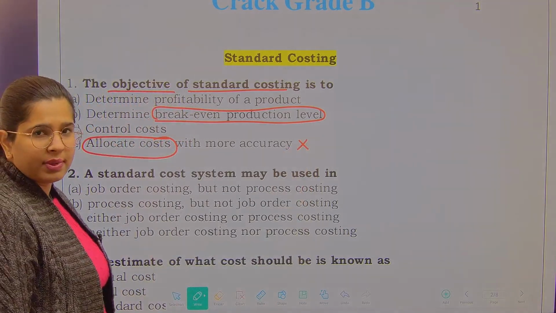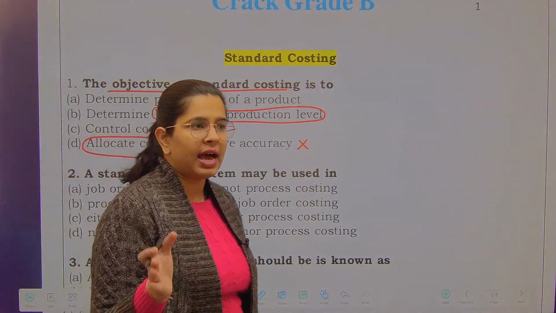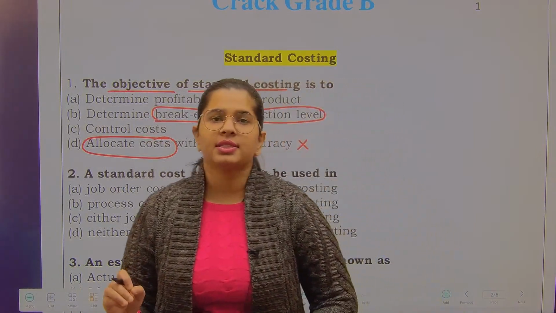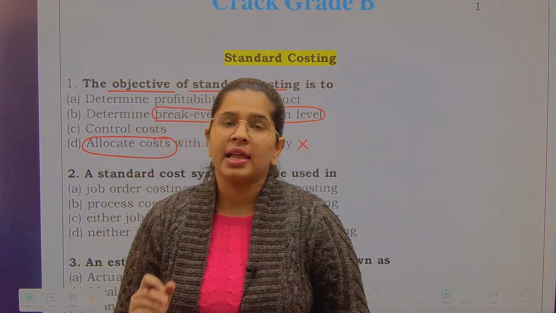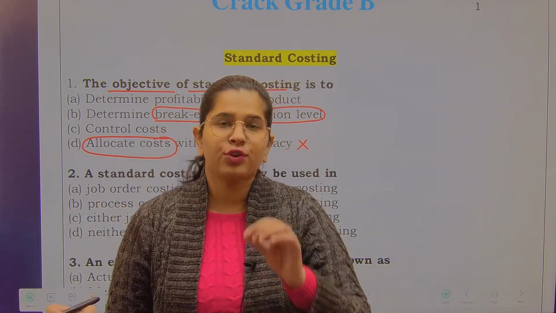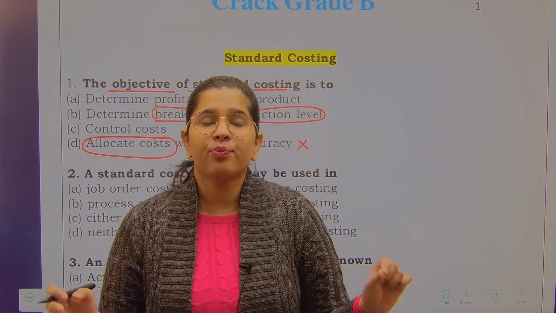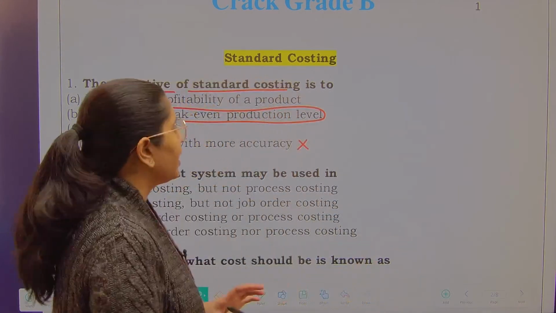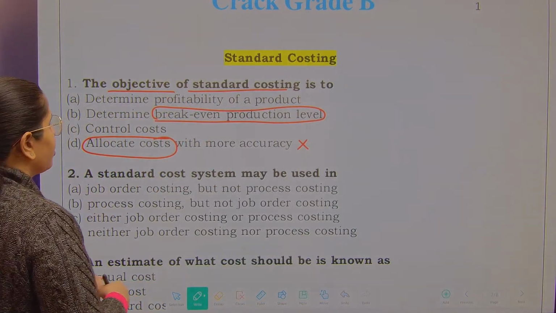Cost allocation means suppose a cost has been incurred, like rent of the factory building. This is the cost which has been incurred. Now I want to allocate this particular cost to the products which I have produced. So that is known as allocation of cost. We are not doing allocation of cost in standard costing.